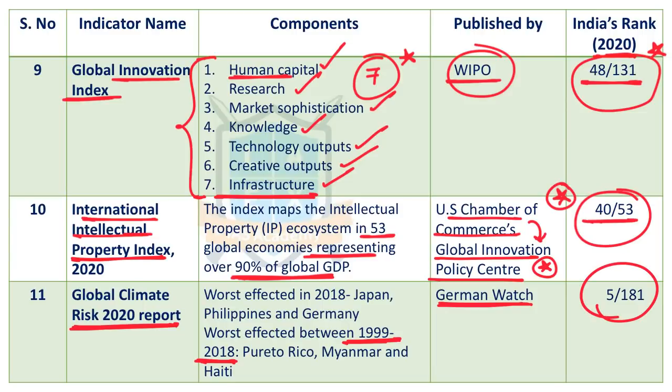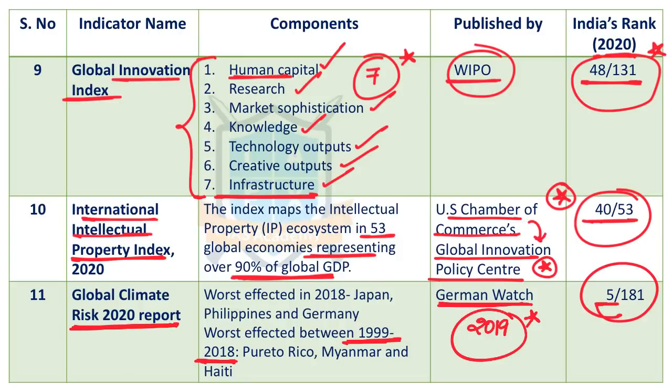Out of total 181 countries, India is in top 5. India is at the 5th position. Earlier we were in 12th position, 13th position, like that. But now in the latest one, last year's report said that India is 5th most affected economy in the world with regard to climate change.